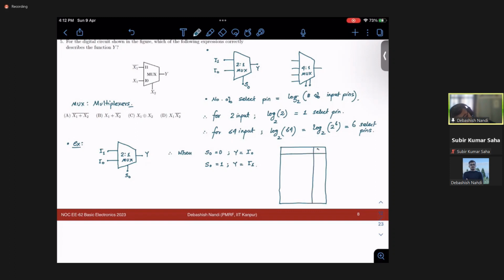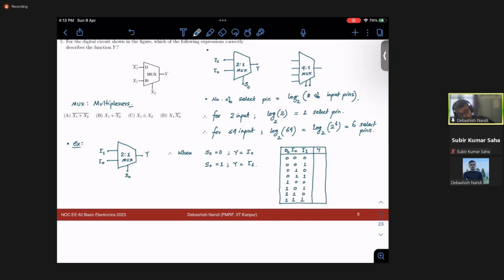So this is your Y, this is your S0, this is your I0, and let's say this is your I1. S0, I0, I1, Y. So 0, 0, 0, 0, 0, 0, 1, 0, 0, 1, 0, 1, 0, 1, 1, 1, and so on.